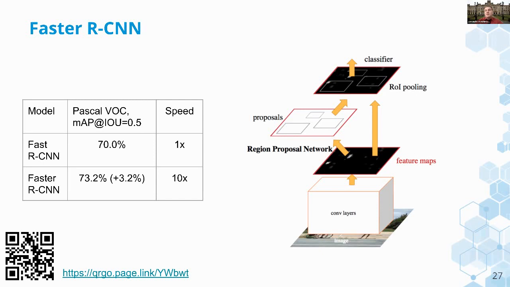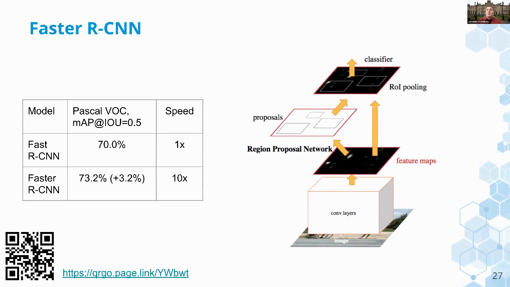So they came up with the following architecture. We process our image with a convolutional neural network and get some features. Then we use these features to generate our proposals with a subnetwork, which they called the region proposal network, or RPN for short. And then we use these proposal regions to crop these features and classify them in the second stage.